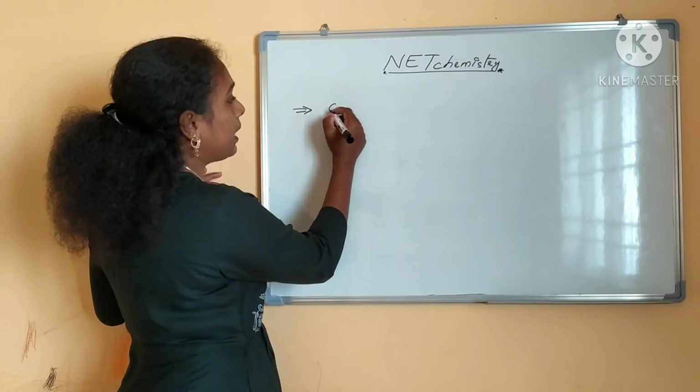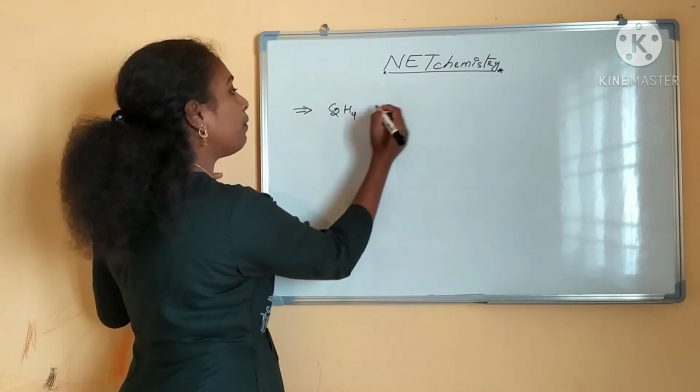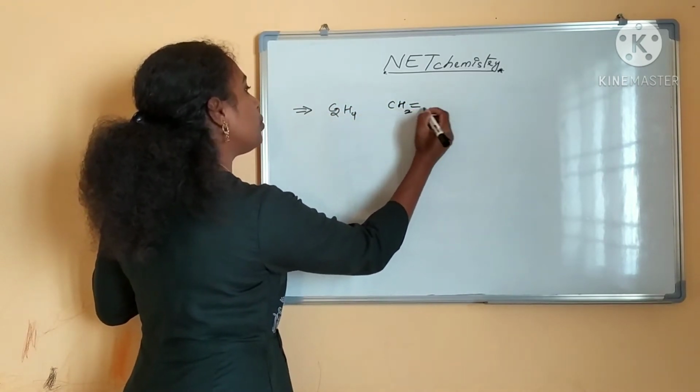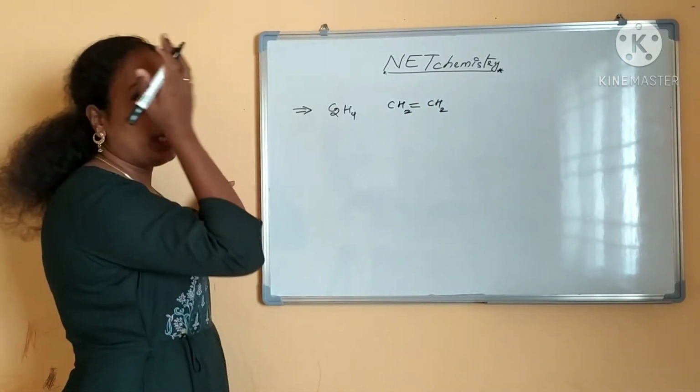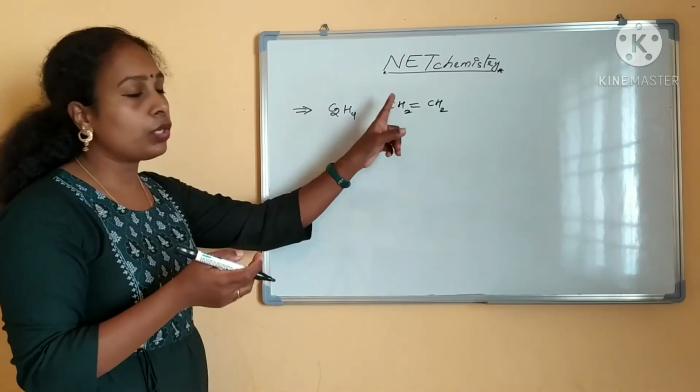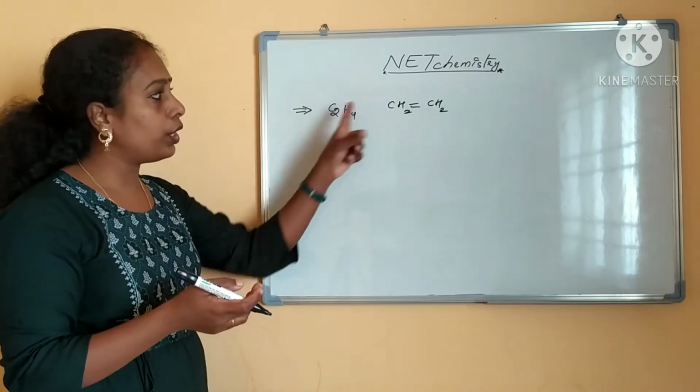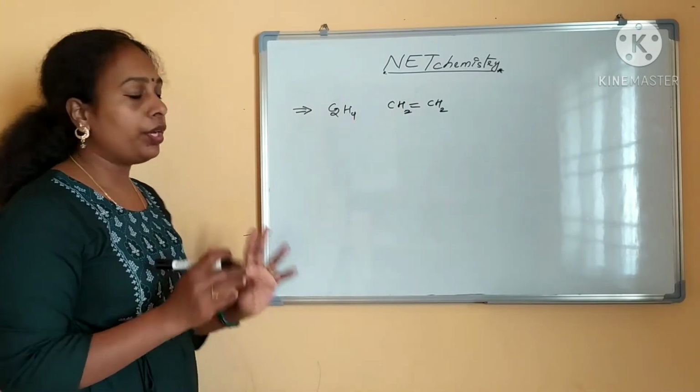Another pi acid ligand I am writing, C2H4. What is C2H4? CH2 double bond CH2, right? This is ethylene. We have seen how many electrons it can donate: 2 electrons. One pi bond is there, so it can donate 2 electrons.